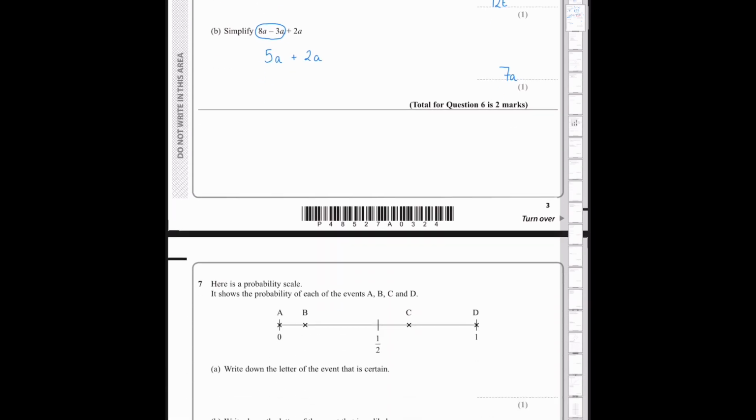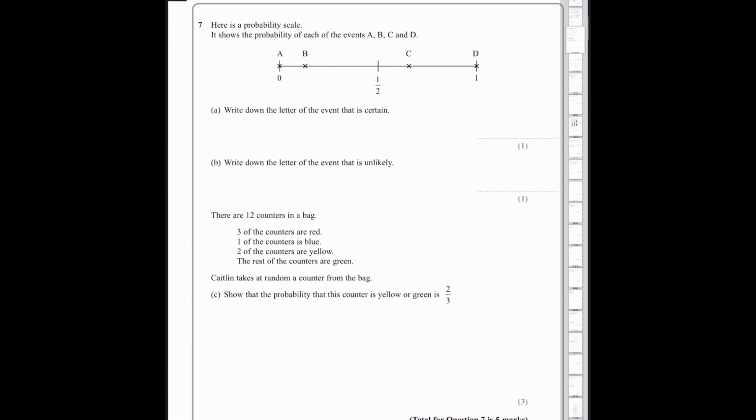Okay, so question 7 talks about probability. So let's take our time with this one. People do struggle with probability. Here is a probability scale. It shows the probability of each of the events A, B, C, and D. Write down the letter of the event that is certain. On a probability scale, 0 means that it's completely impossible, and 1 means that it will definitely happen.